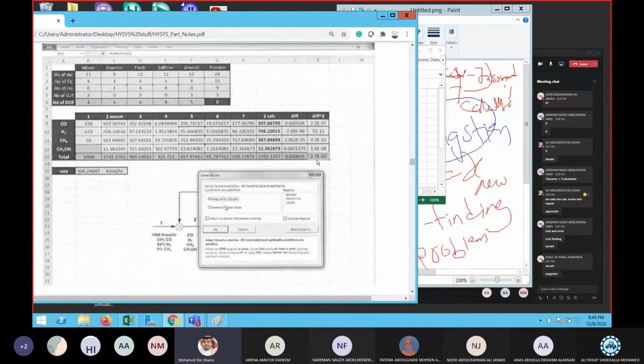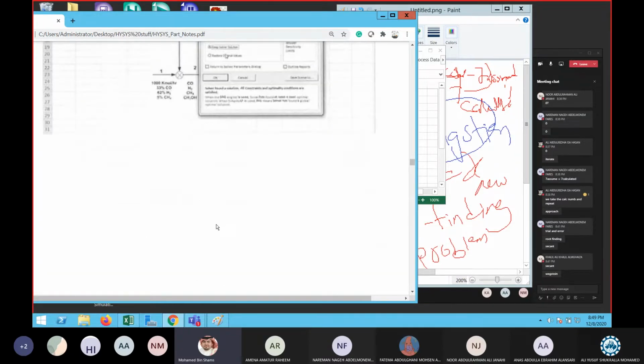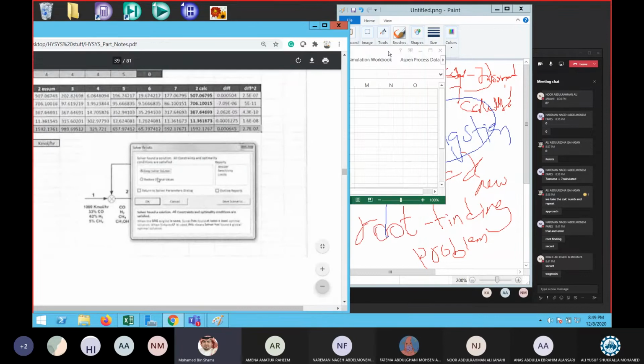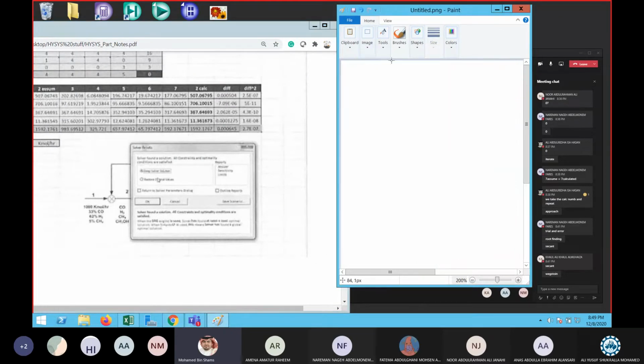Okay, so you see here it shows 2.7 exponential minus 7, which is almost 0. And you will see that this value now is equal to this value. Then the difference is almost 0. And that means that your solution converges. So this is how the tearing method works. This is the idea, the concept behind the tearing method.